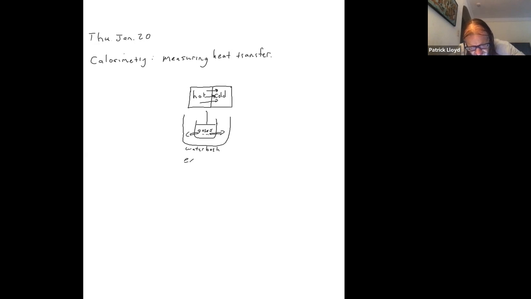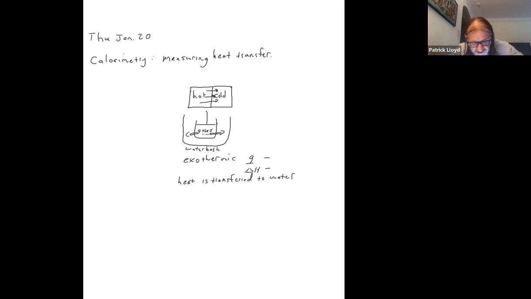So if it's an exothermic reaction, Q is negative, and so is delta H, right? So if it's exothermic, then that means the heat is transferred to the water.